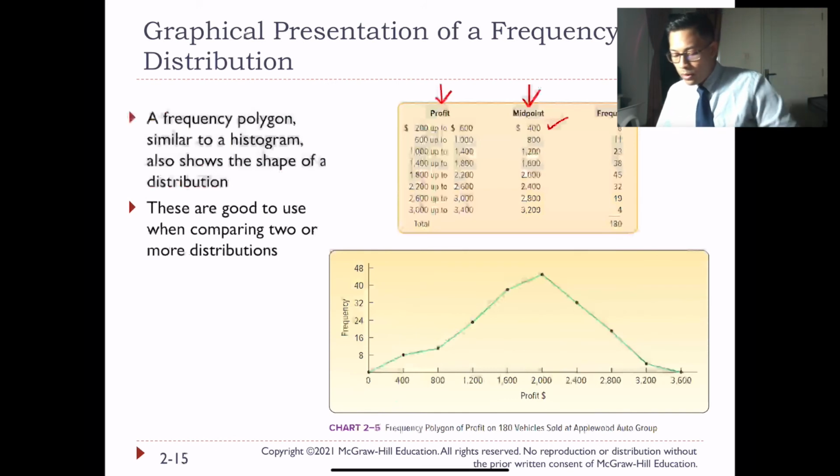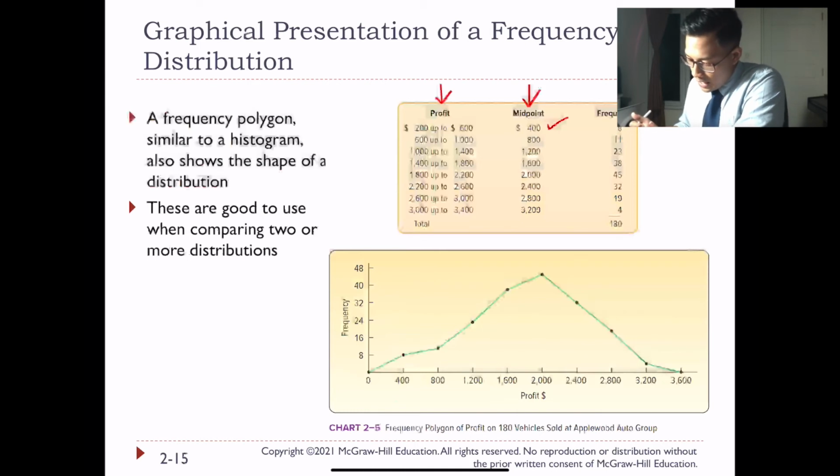Another one is the frequency polygon. This is actually straightforward as well. The first thing that you need to do is find the midpoint. For example, suppose that you have a profit range of 200 to 600, with a difference of 400.